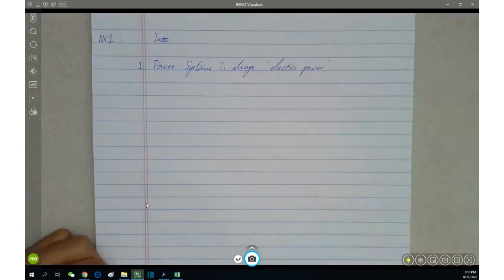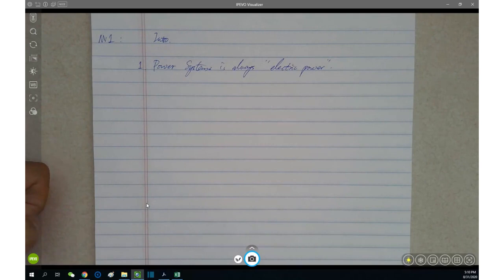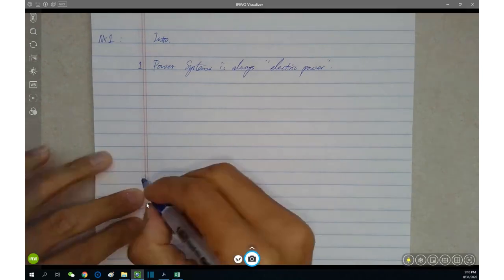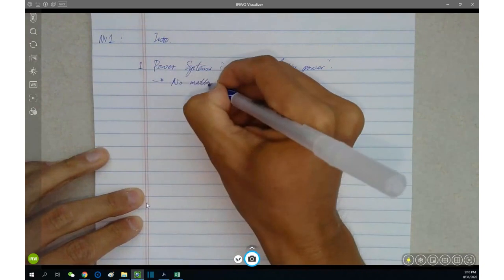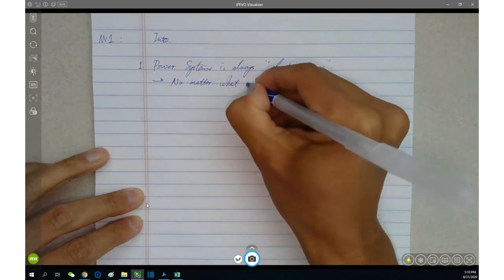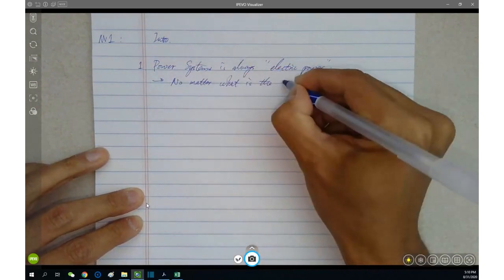This is something you need to establish as a concept, because power might mean different power from different sources. However, the power system, at least in this class, always refers to electric power, which means no matter what the source, or say the root.